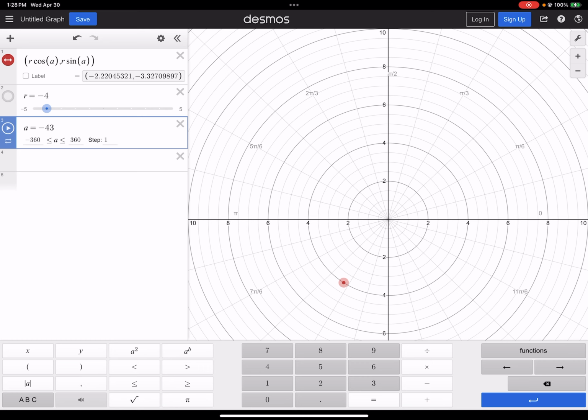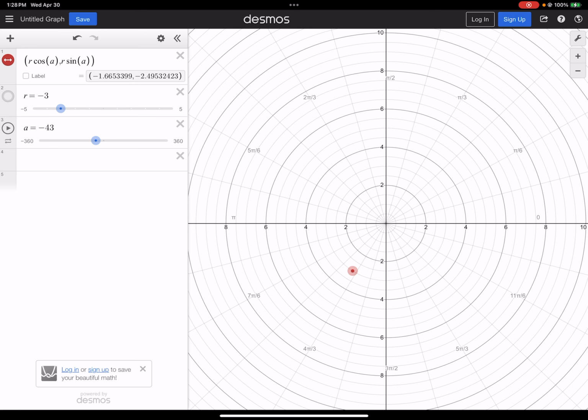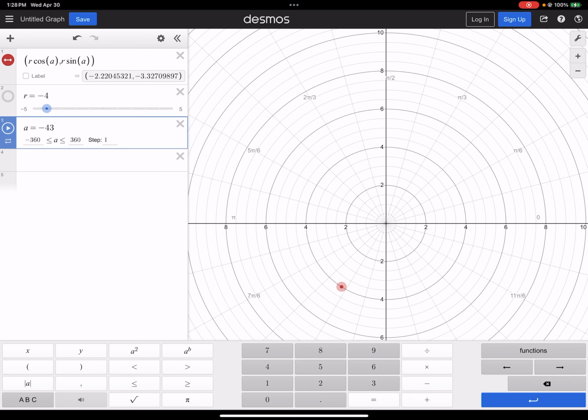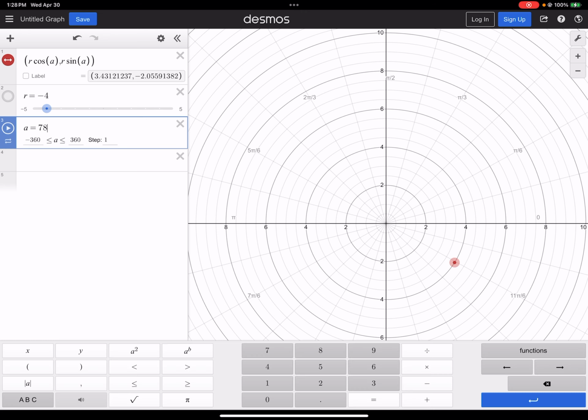When R is -4, we are on the 4th unit, and when the angle changes, I wish I could make that go up by 1. Maybe I do this. There we go. That is changing it, making it go back and forth along the step. As you see, it's graphing in a circular pattern because it's graphing every point that is 4 units from the center of the circle. I just wanted to show you how that looked.